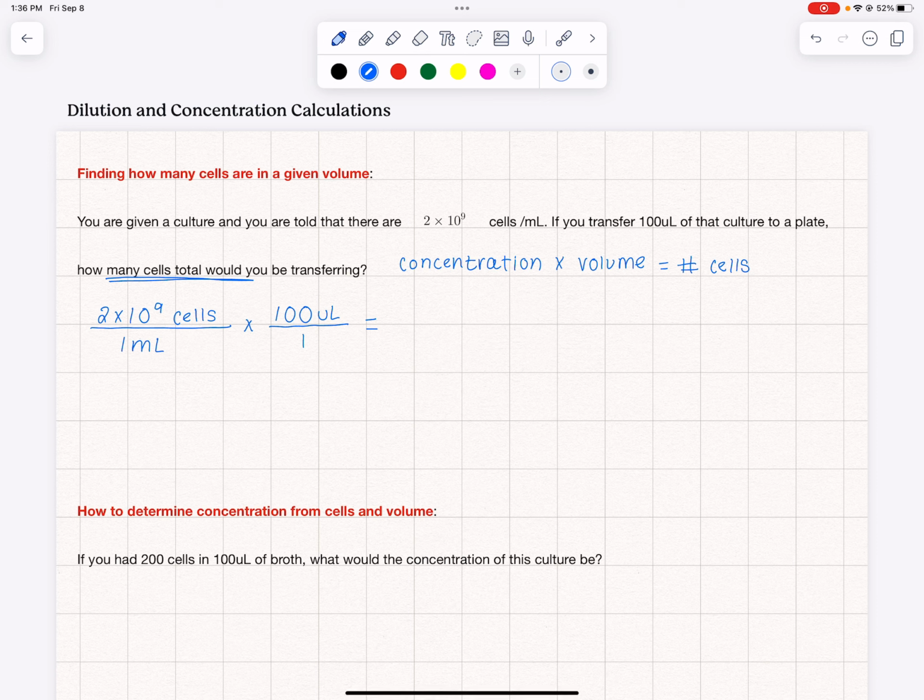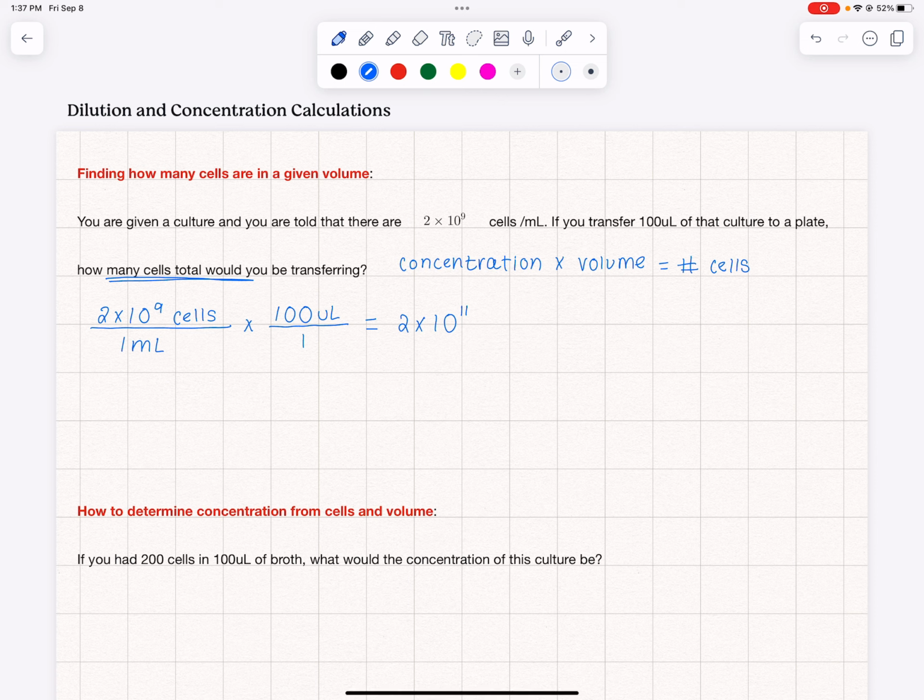And so if we were to do this math, we would have 2 times 10, and because we have 2 zeros here, we can think about that as adding 2 tens to our exponent. And so we would have 2 times 10 to the 11th.